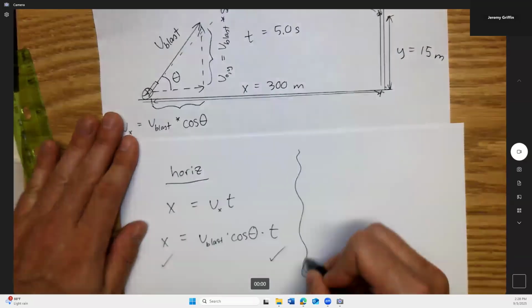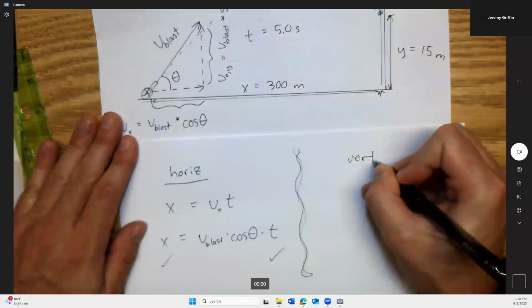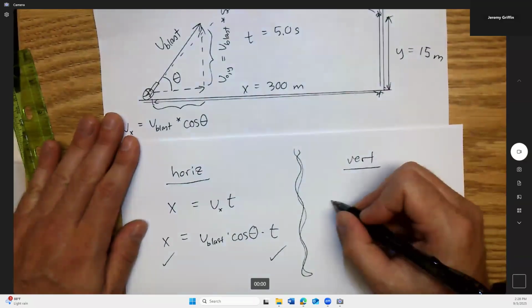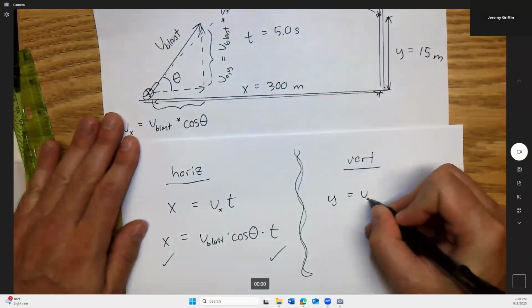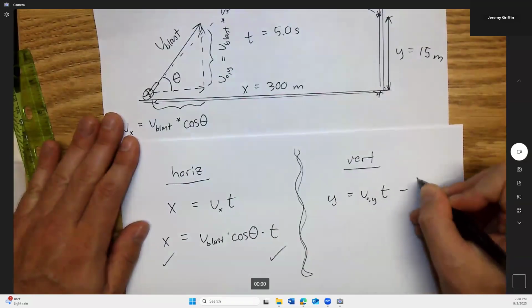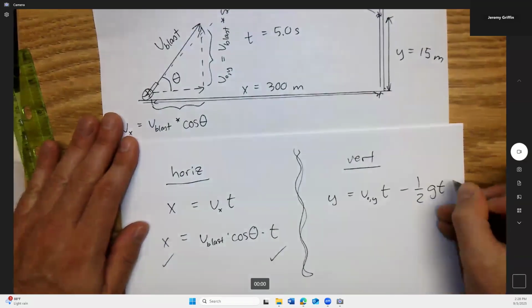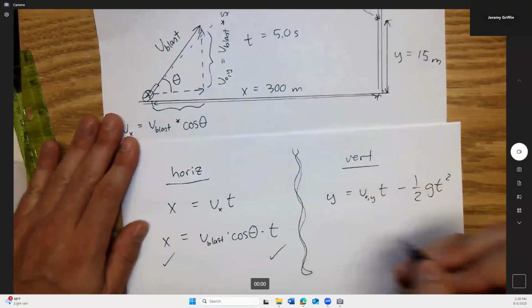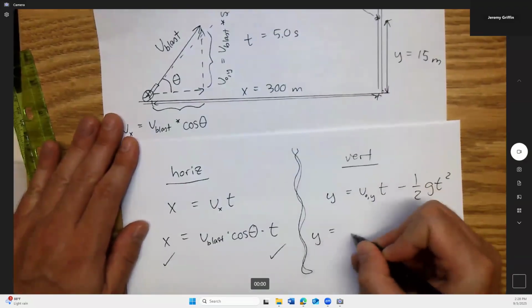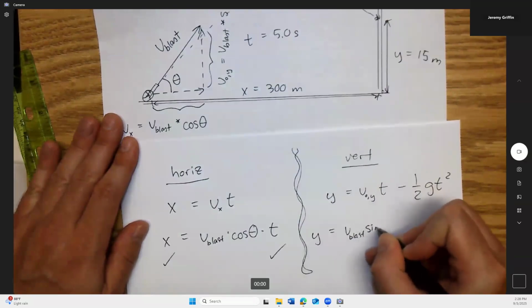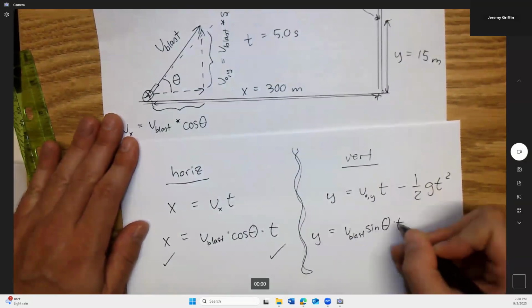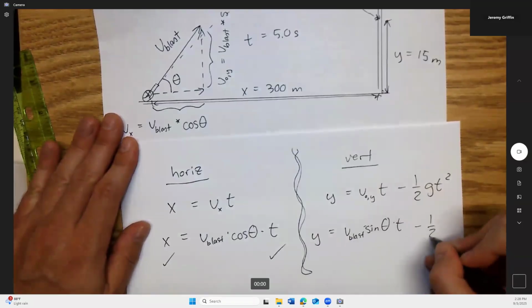Now in the vertical direction, I do this: y equals v naught y times t minus 1/2 g t squared. That's the first kinematic equation. So v naught y is really v blast sine theta, times t, then minus 1/2 g t squared.